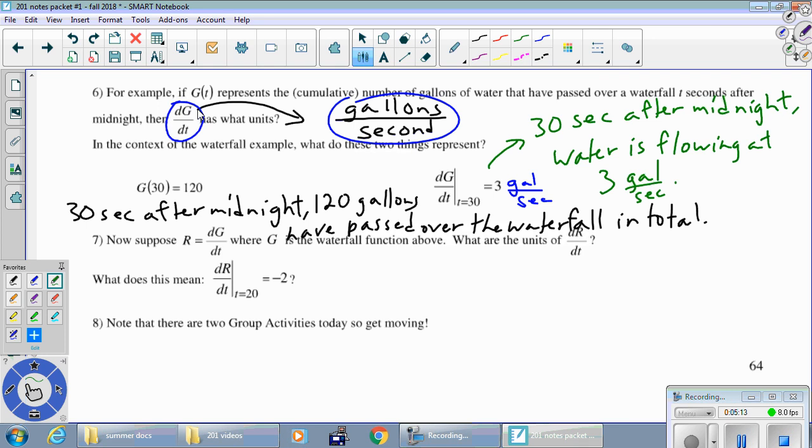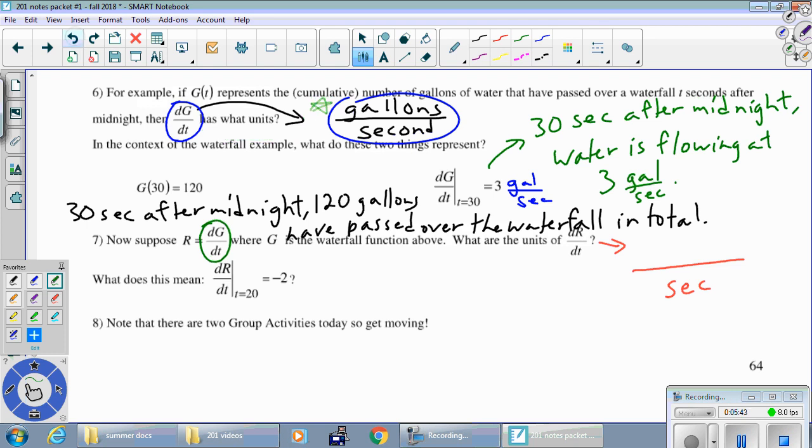Okay, number 7, now suppose that R is a brand new function, dg dt, where g is the waterfall function up above. What are the units of dR dt? Okay, so let's write the units here. So we need R units over t units. Now t units in the bottom is dt. t units are still seconds, but R units, R is really dg dt, and we already discovered that the units for dg dt are gallons per second.